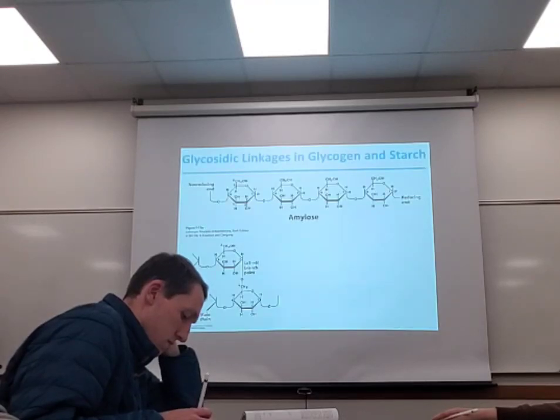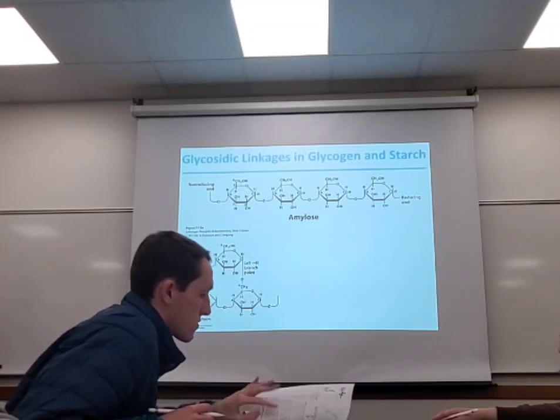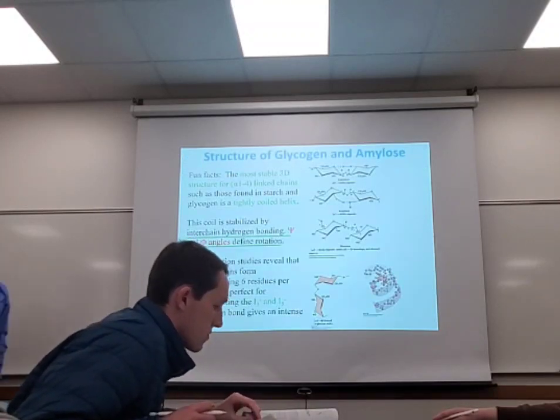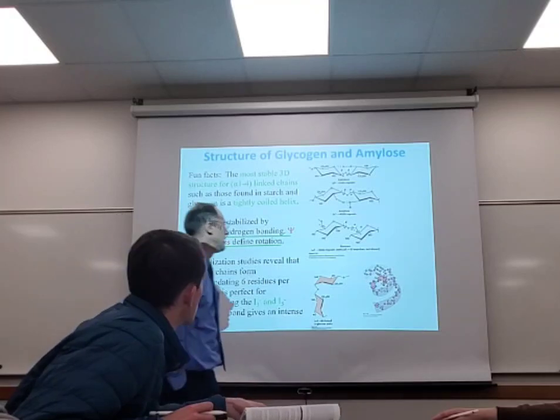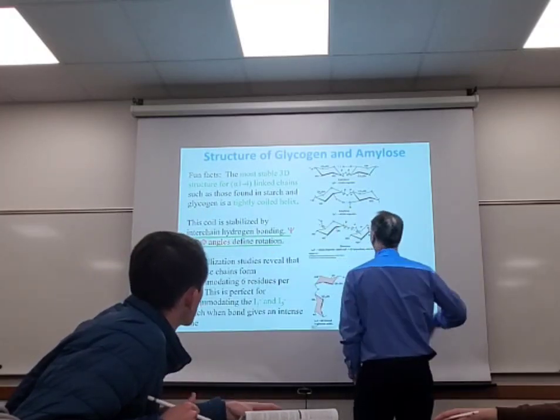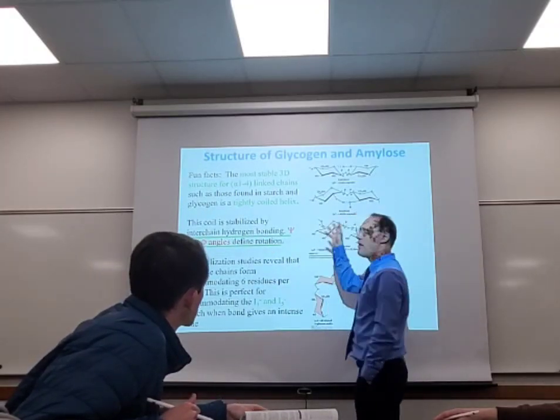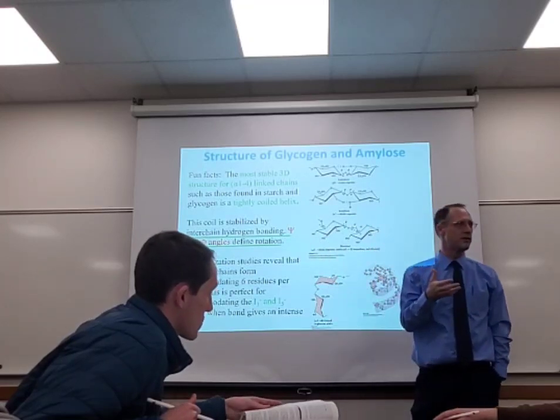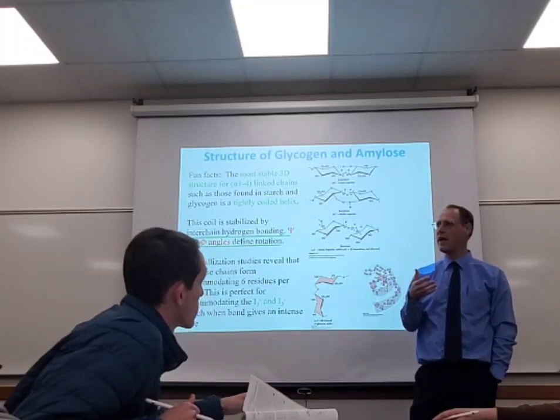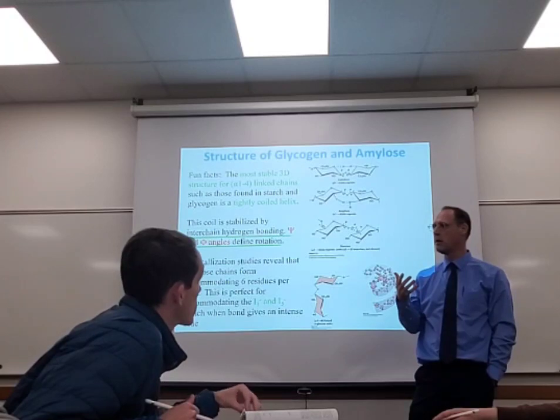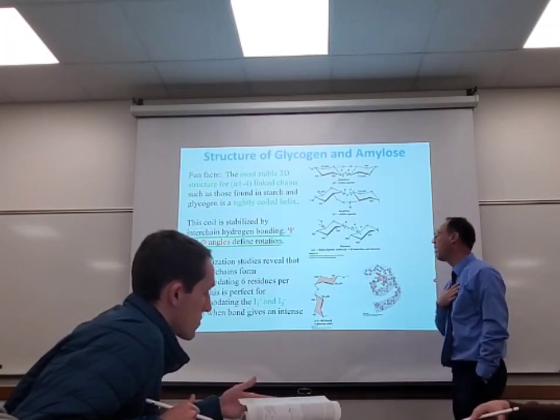There are these guys we just looked at, the linear form versus the branched form. Cool. Here's some gee whizzes of these, but also interesting to recognize: are there three-dimensional structures when I have long strands of amylose or amylopectin? Yeah, actually there are.